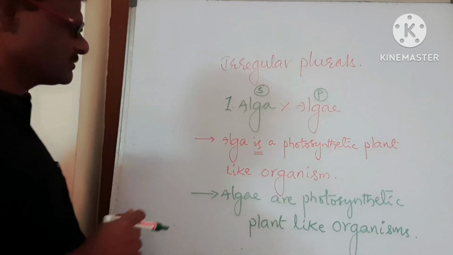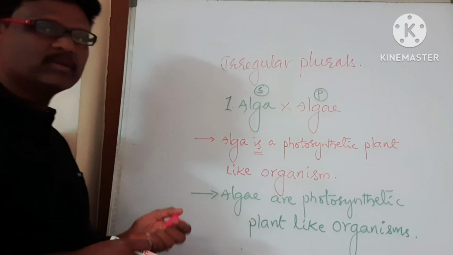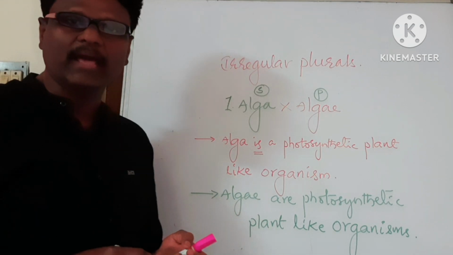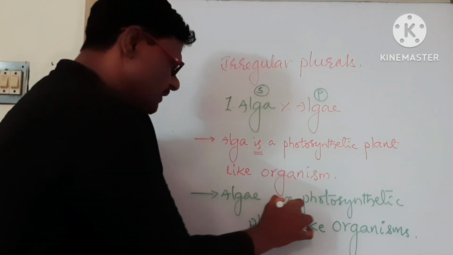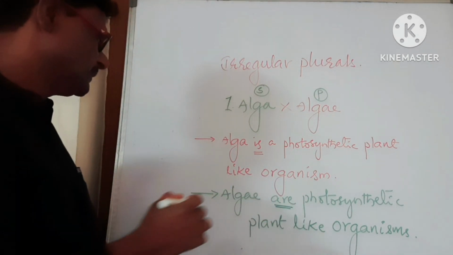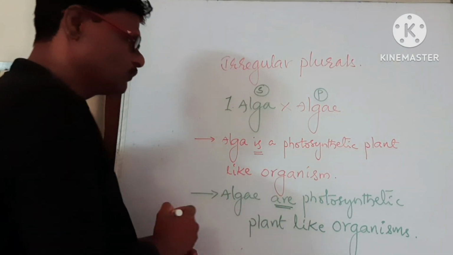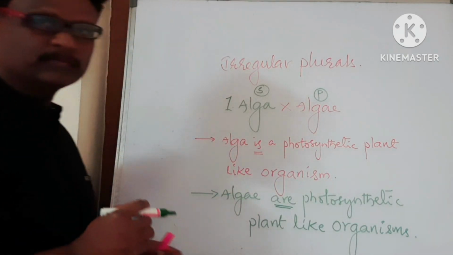Have you observed the difference between these two sentences? Alga is a photosynthetic plant-like organism. Algae are photosynthetic plant-like organisms. Here I have used the plural auxiliary verb, or helping verb.